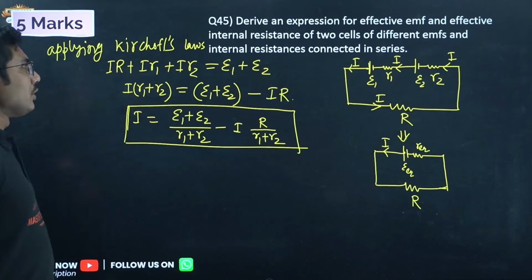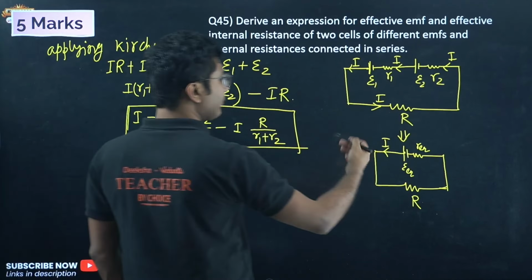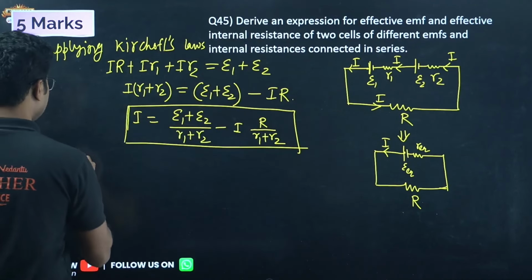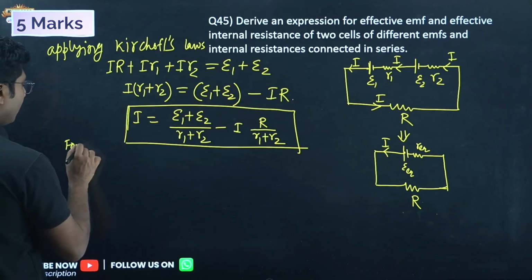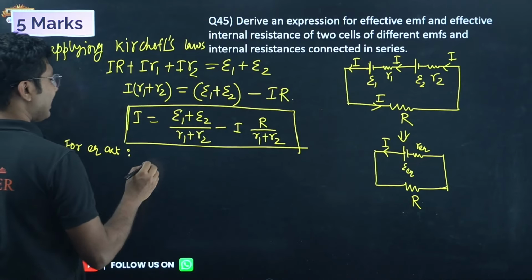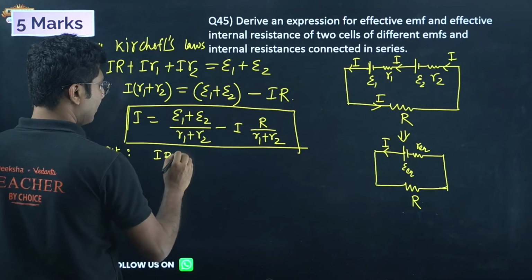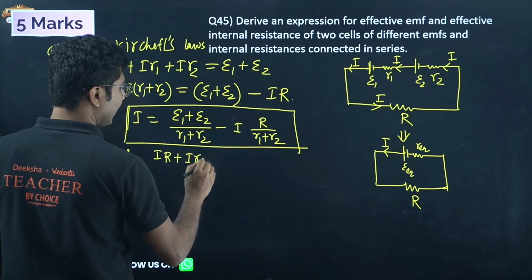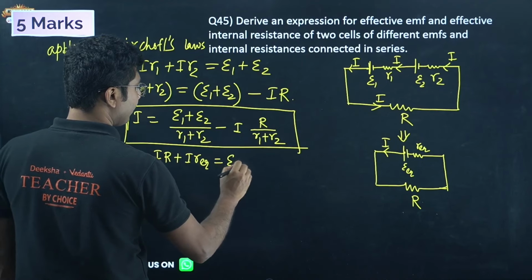Now we will be doing the same for the equivalent circuit as well. For the equivalent circuit, what we can write is IR plus IR equivalent equals epsilon equivalent.